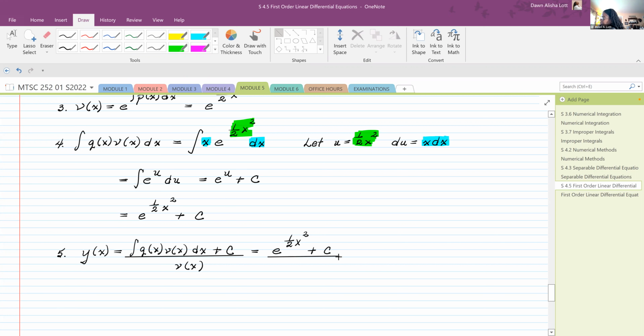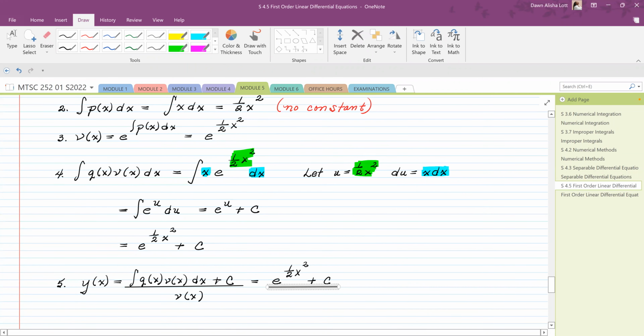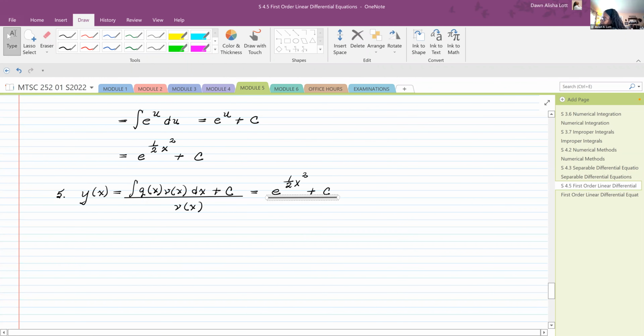And I'm going to divide by v. And let's see, what was v? V was e to the 1/2 x squared. Good. Okay, so that's looking pretty good.